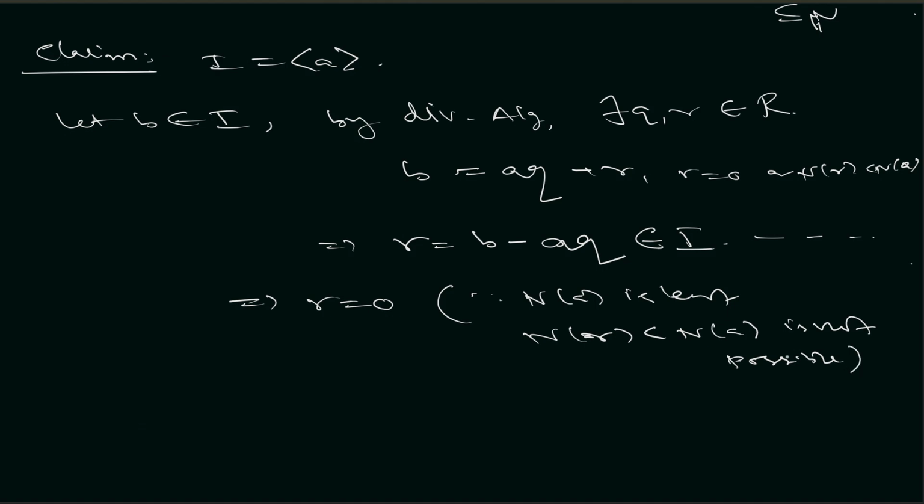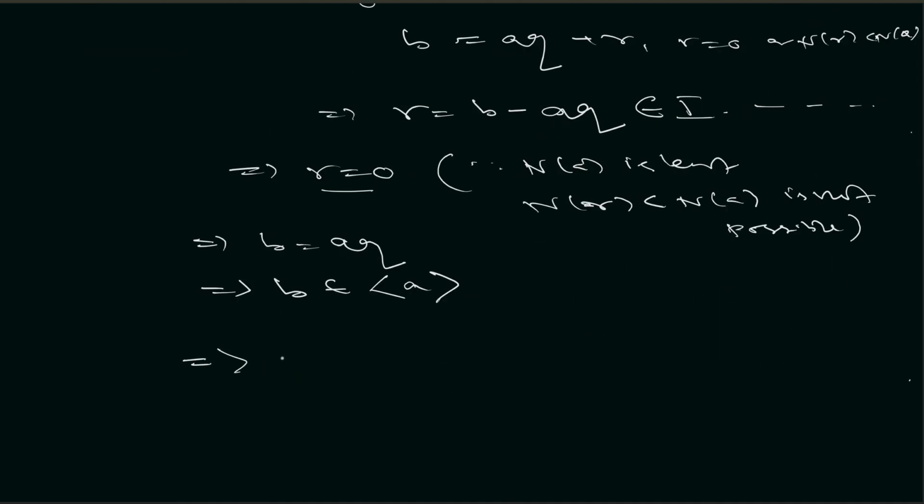So the only possibility is that R has to be equal to 0. This means that B equals AQ, so B is a member of the ideal generated by A. So this means that R is a PID.